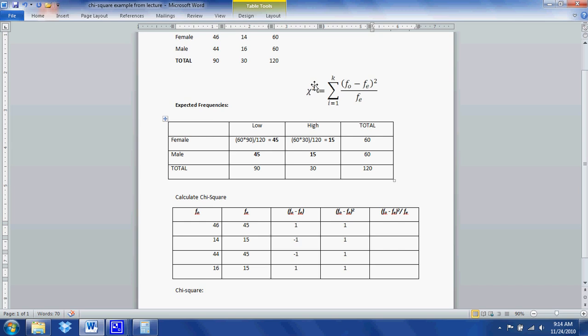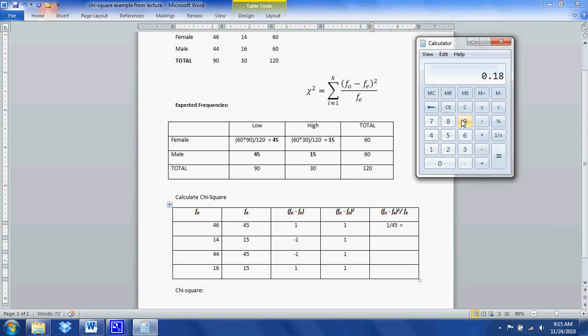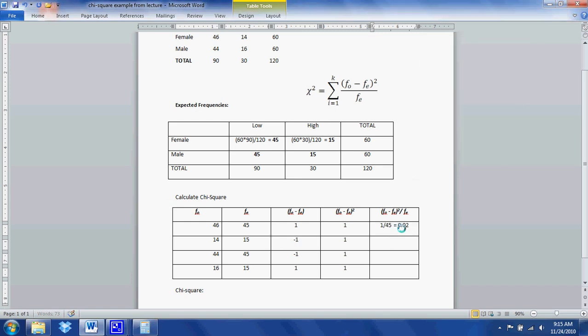So to get this part of the equation, our observed frequency minus our expected frequency squared, and then divided by the expected frequency, we've done that top half. Now we just need to divide. So we take 1, which is this top half, and we divide that by our expected frequency of 45. Let's see, 1 divided by 45 is 0.02.